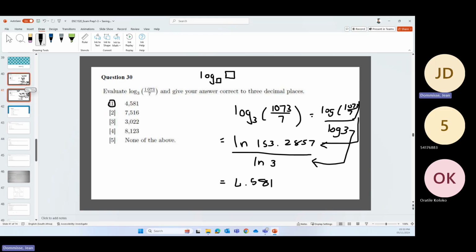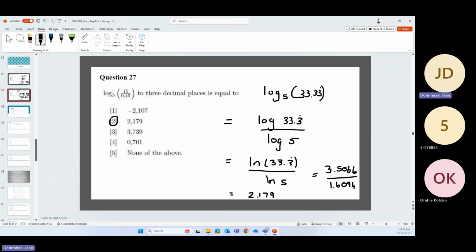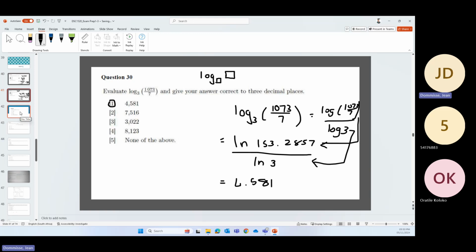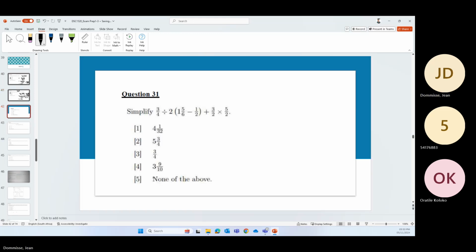Okay, so that is 2 questions around logs. Again, you guys, just as a reminder, the back of your study guide has a whole appendix on things that they said you need to nearly know for this subject.